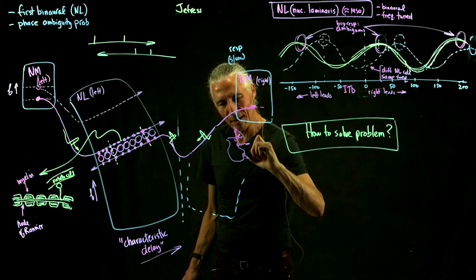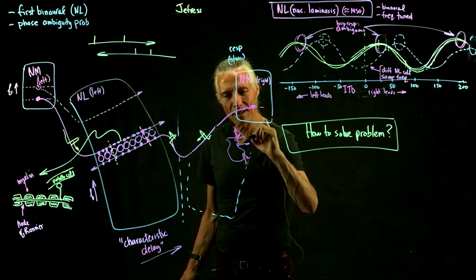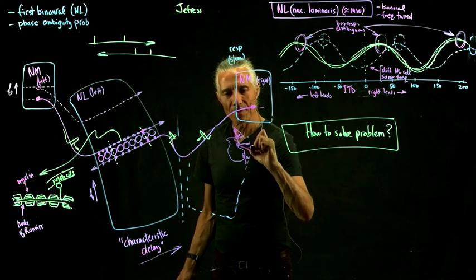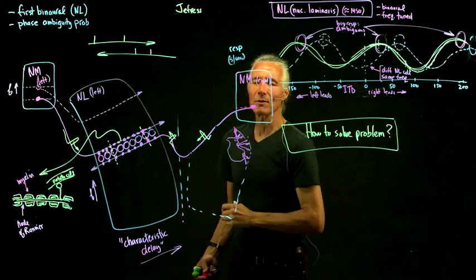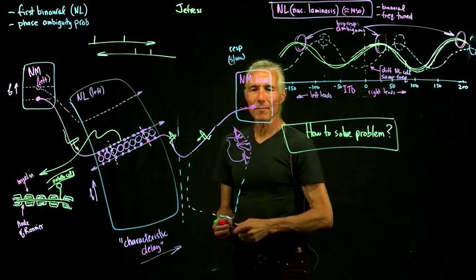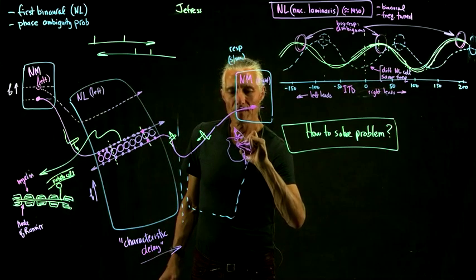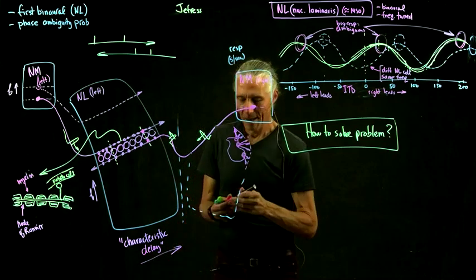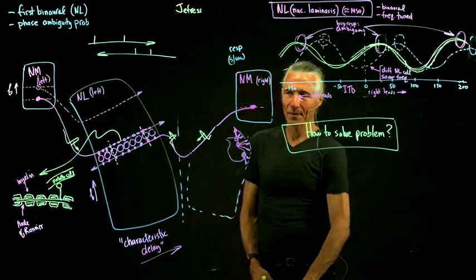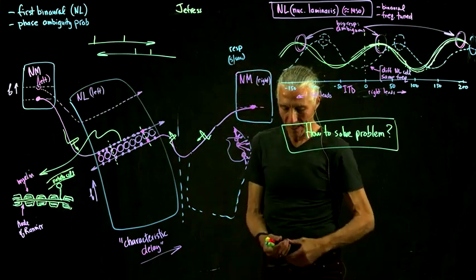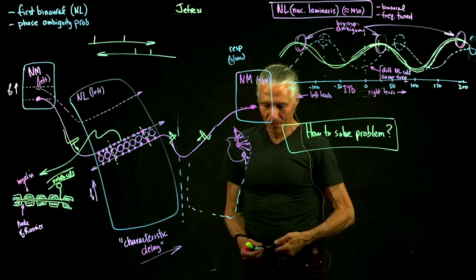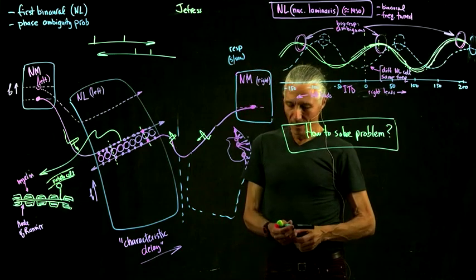So each one's ambiguous. Each one of those has a little family of different pattern motions. And how do you solve the problem? You look across all those detectors and find out which pattern motion is the most consistent with the data. And that's pretty much how you solve the problem here.